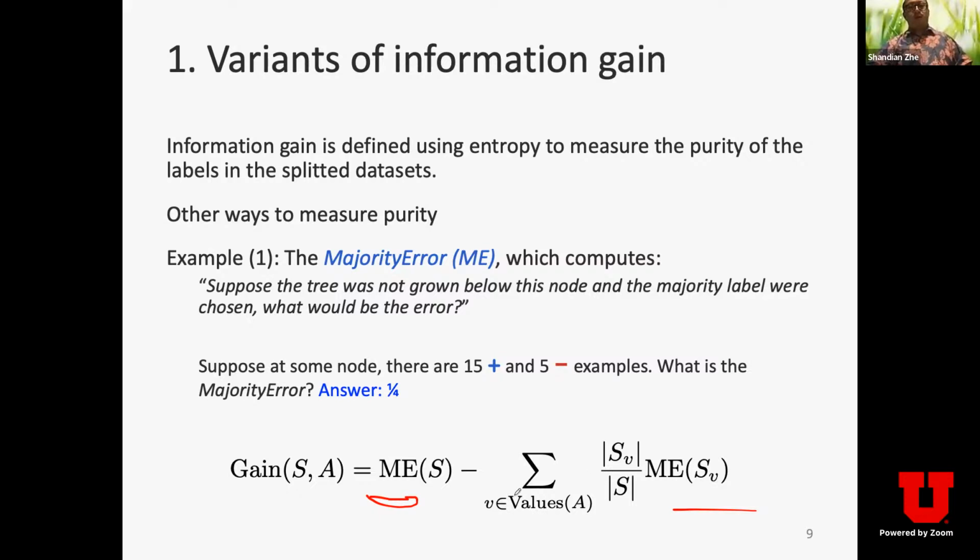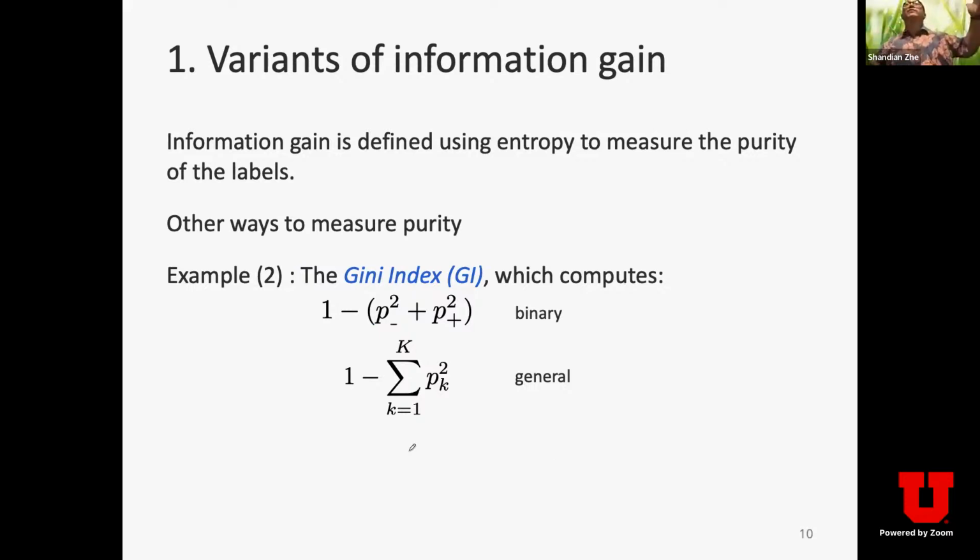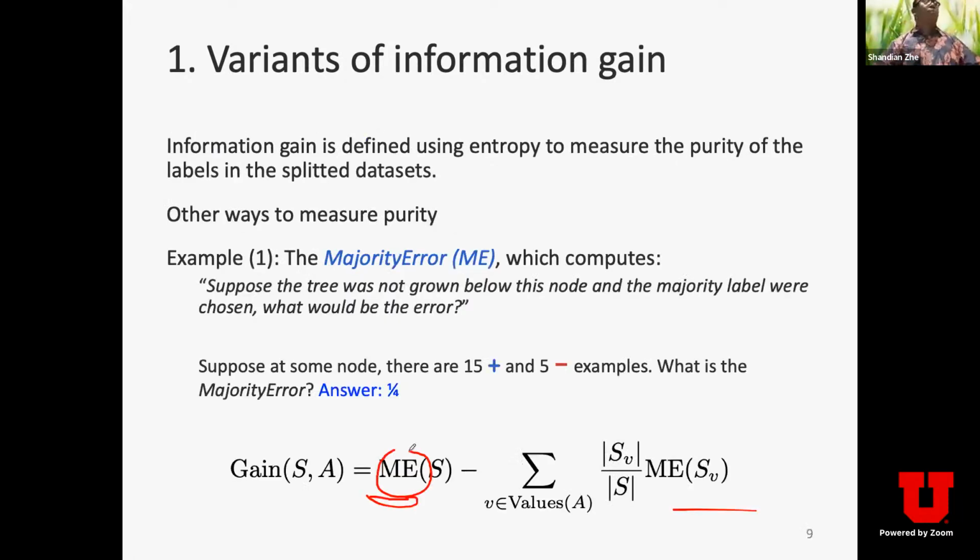And then in your purity measurement class, you're going to implement different instances. You can implement entropy based, the majority error based, and other variants. Just to give you some hint, if you want to implement your ID3 algorithm more generally.